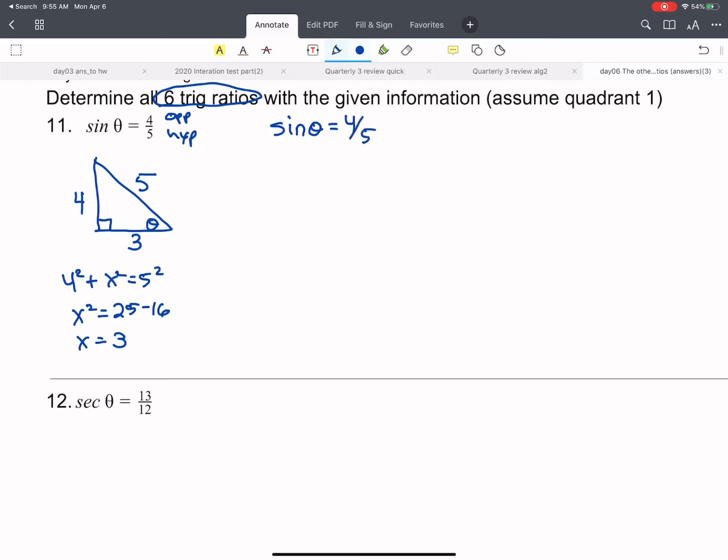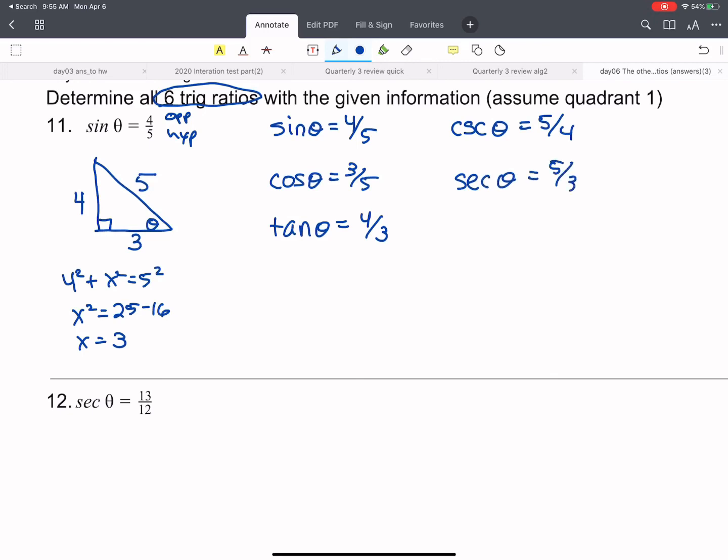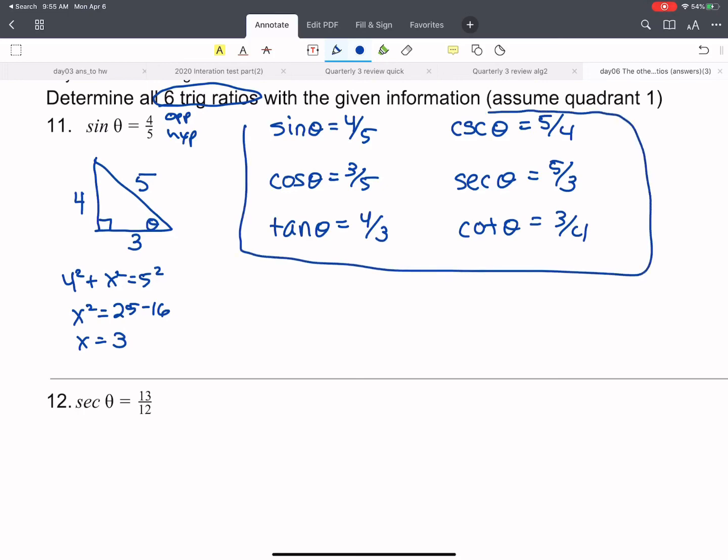Sine theta is 4 over 5, cosine theta is 3 over 5, tan theta is 4 over 3, cosecant theta is 5 over 4, secant theta is 5 over 3, and cotan theta is 3 over 4. And there you have it, all 6 trig ratios.